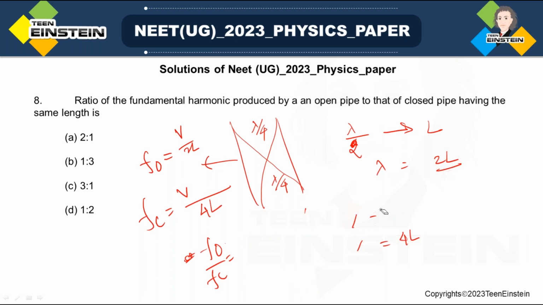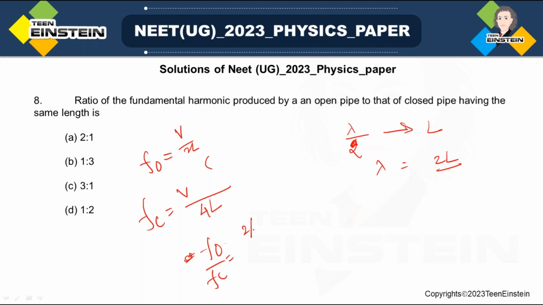Okay, you need to just check the calculation sometime. I may do something wrong in the calculation part. So it is actually V by 2L divided by V by 4L.